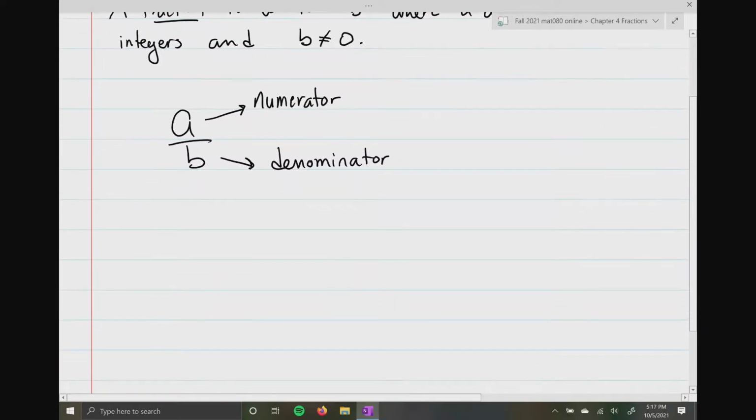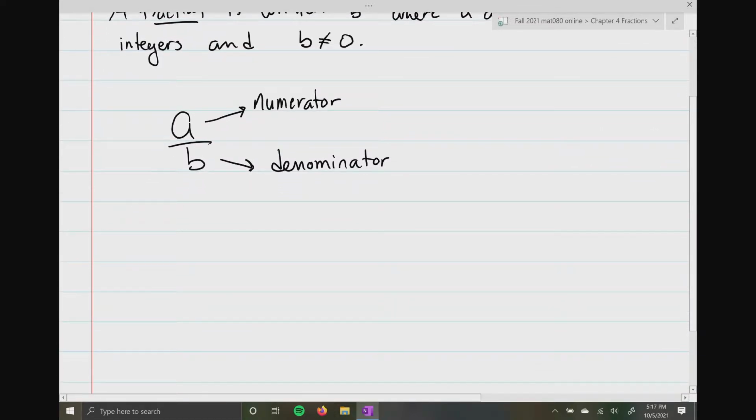All right. And visually, we can represent fractions like the fraction 1/3. Visually, that would look something like this. I can have a circle split up into 3 pieces, and one of the pieces would be shaded.